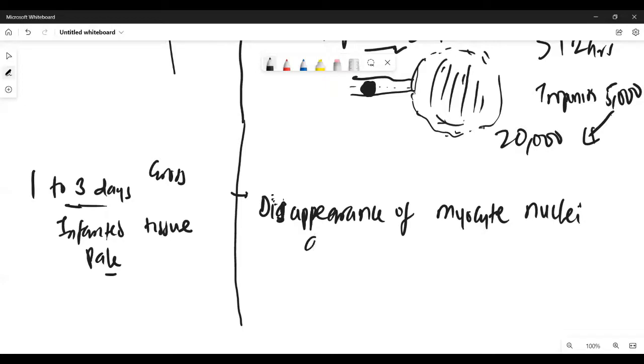And remember, cardiac muscle is also striated, so those striations will start to disappear too. Another thing we're going to see within this period is extensive coagulative necrosis in those affected areas.